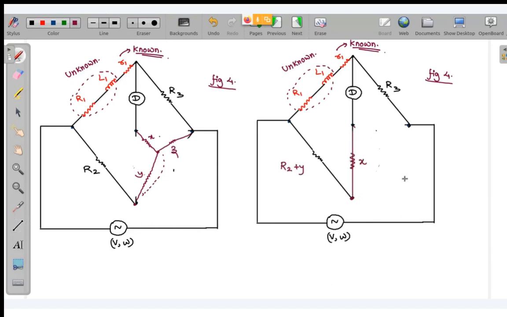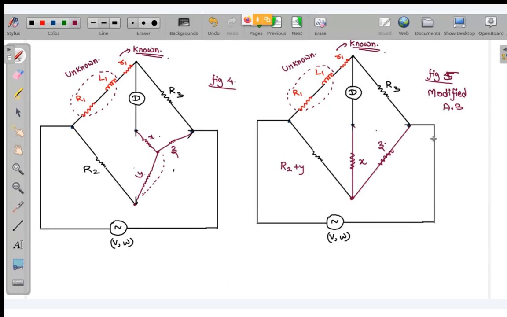This is your X. And this Z point, meaning your Z impedance branch, will be over here. So this is now your fifth diagram. This is your modified Anderson bridge. Tell me, is it clear? The diagram, is it clear to you guys? Any doubt in this?